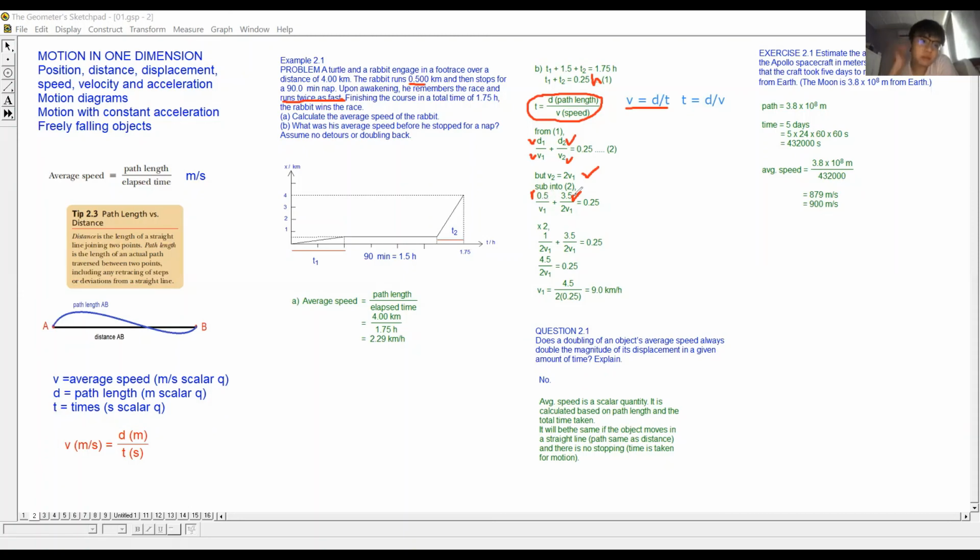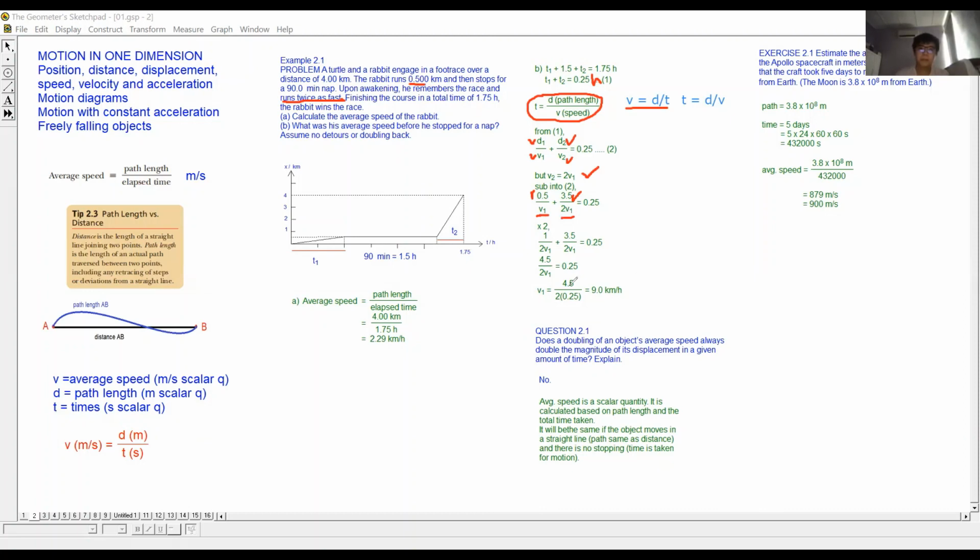The distance, the path length, then divide by the velocity. This is the velocity for the first part of the journey. For the second part of the journey, I no longer call it V2. I call it 2V1. Is it okay?